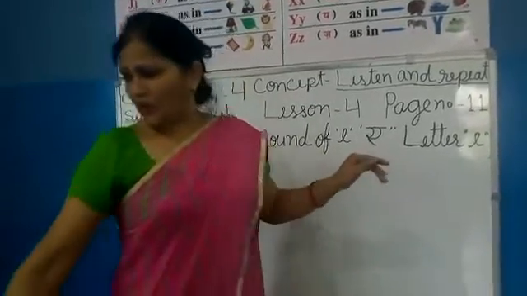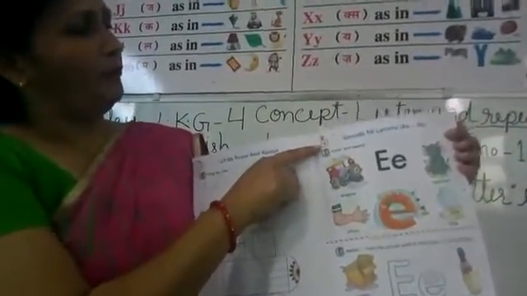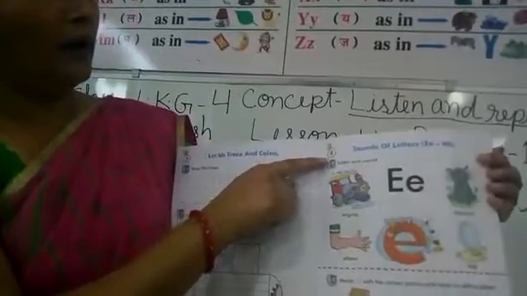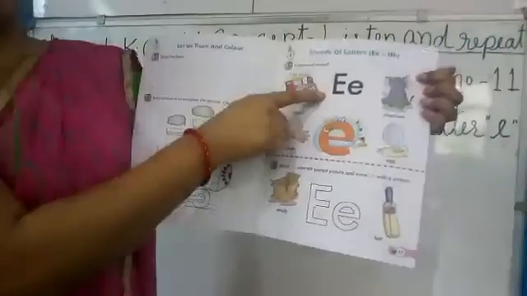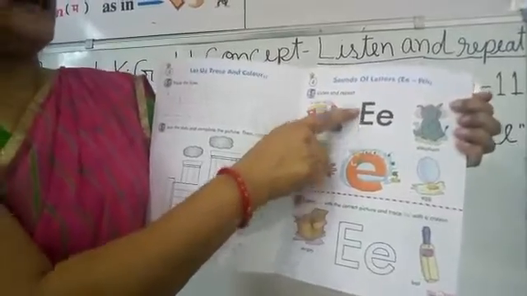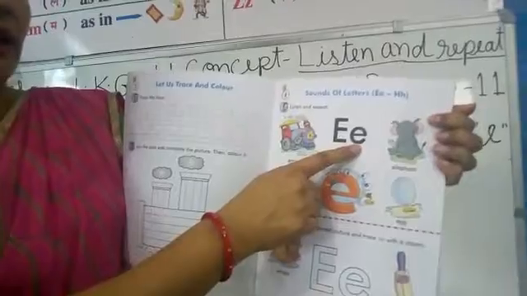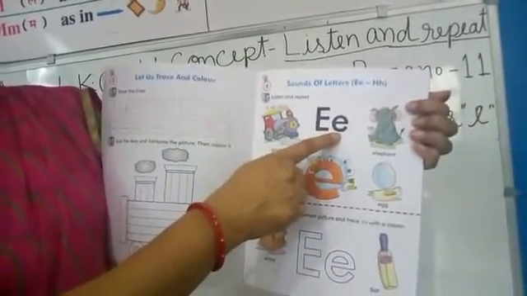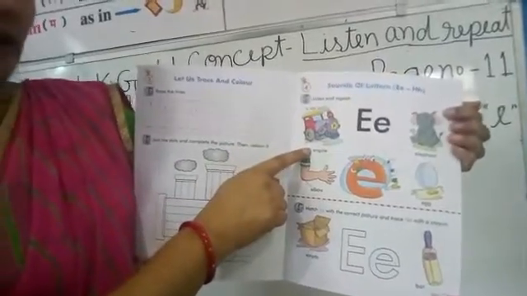Look at the book children. Lesson number 4, concept listen and repeat, and page number 11. Letter E. This letter is capital E, and this letter is small e.